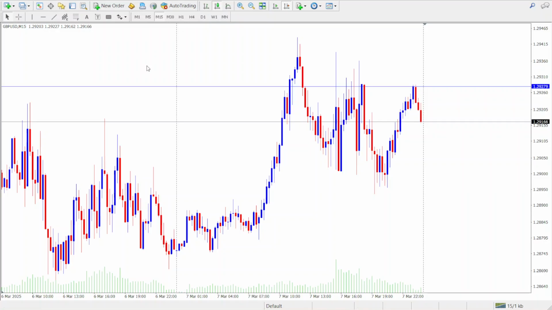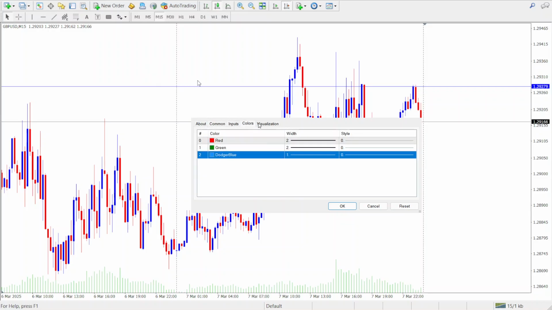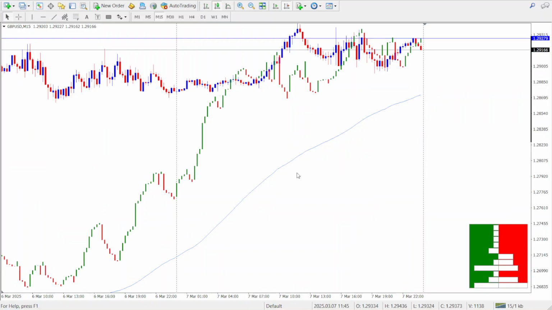I am going to add the line break chart custom indicator right now. All right, we can see this is the line break chart indicator.